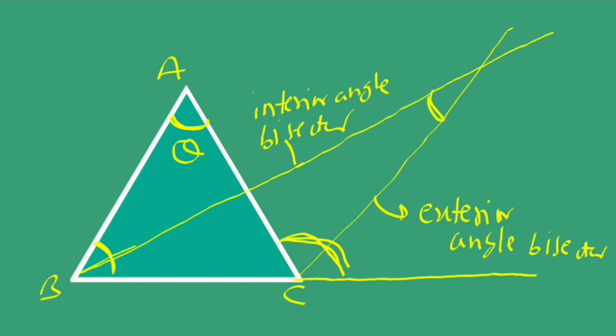Then the angle between this exterior and interior angle bisector is equal to theta divided by 2. Remember this condition. Very, very important.